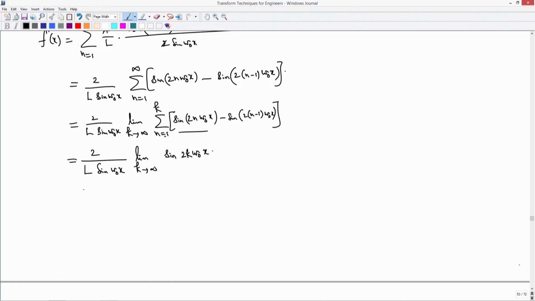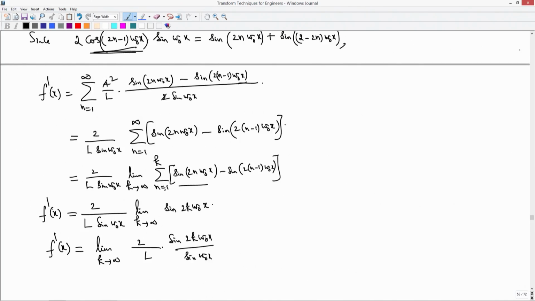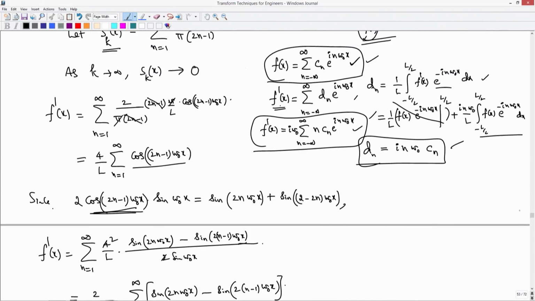So this is exactly what you have as of now. This is my f dash of x, which is the limit k goes to infinity of 2 divided by L times sin 2k omega naught x divided by sin omega naught x. Now, I consider f dash of x to be a Fourier series.